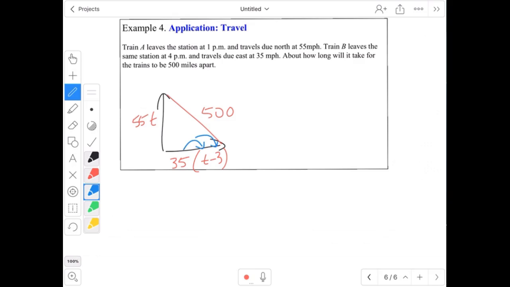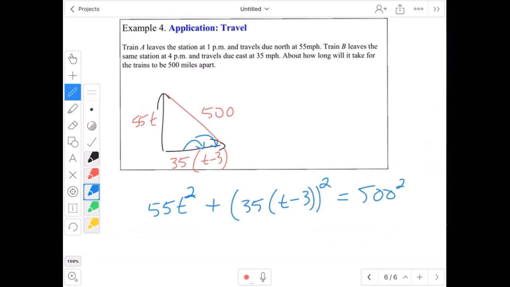This right here I'm going to distribute. So we're going to have 55t, well, let's just go squared, plus 35 times t minus 3 squared is equal to 500 squared.